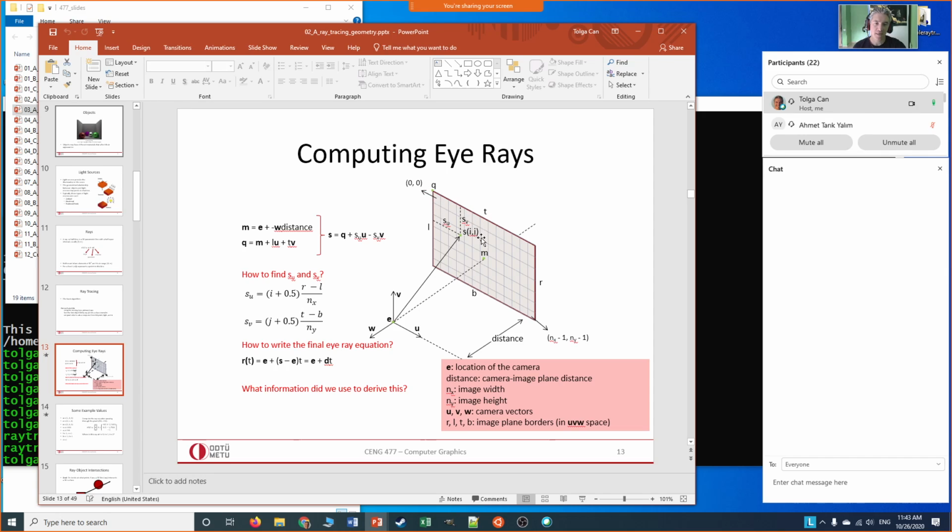Especially when you already have a high resolution image like 1000 by 1000 and you're viewing it from far away, you will not notice the differences between pixels. But if you zoom in, especially at the boundaries of the objects, you will have some zigzags, because we are shooting a single ray at the center of the pixel, and that ray may not hit an object, but maybe part of the pixel is occupied by the object.